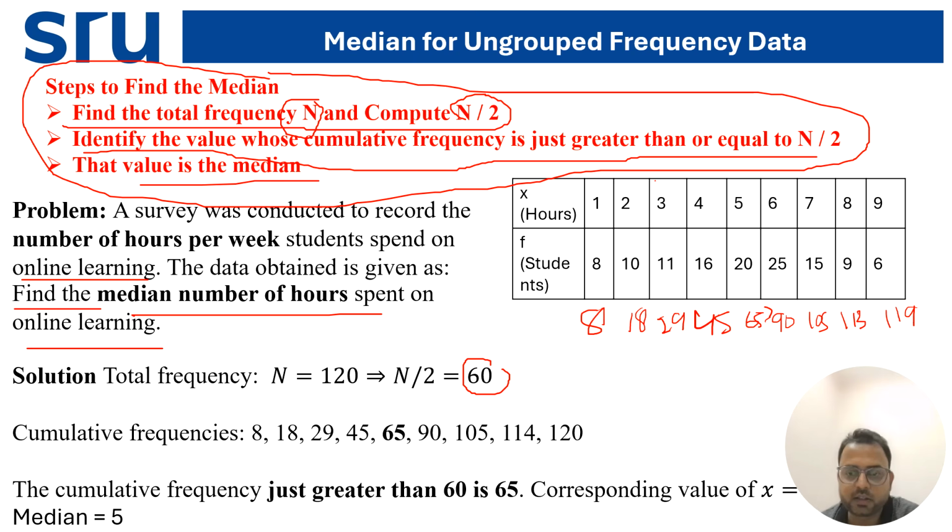We can see that 65 is just greater than 60, and the corresponding x value is 5. So the median is 5.